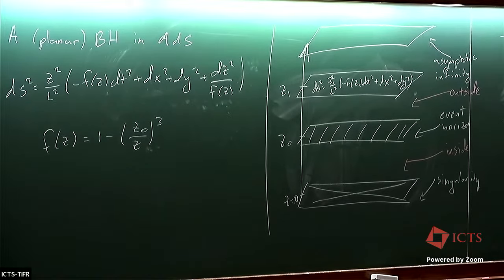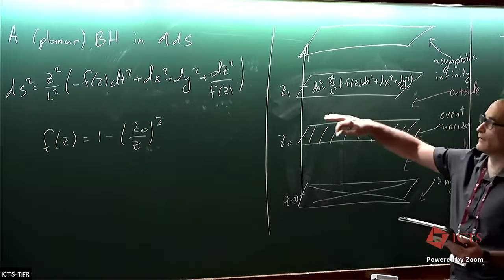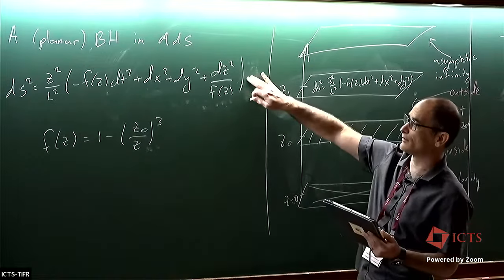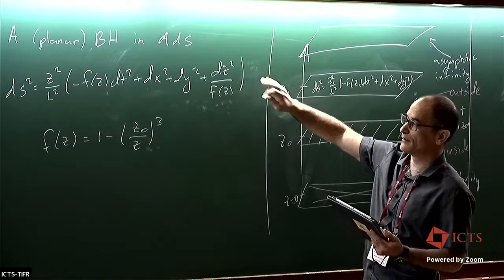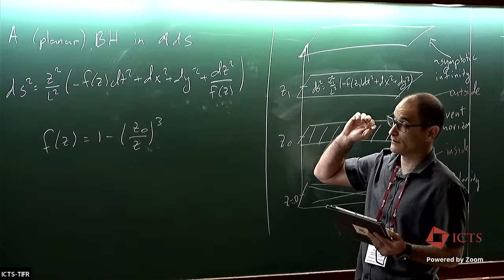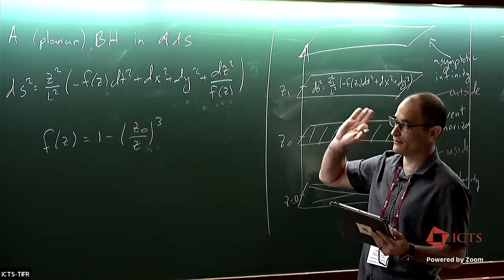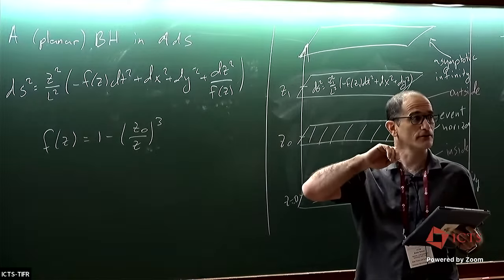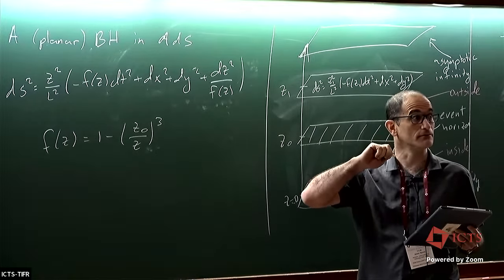Well, I add a 3 + 1 dimensional line element here, and I make sure that the appropriate gradients are small. Who asked the question? Yeah, I'm skipping some information here, but that's okay.